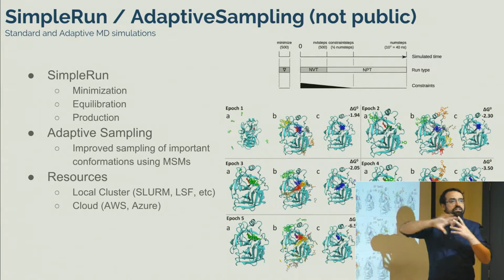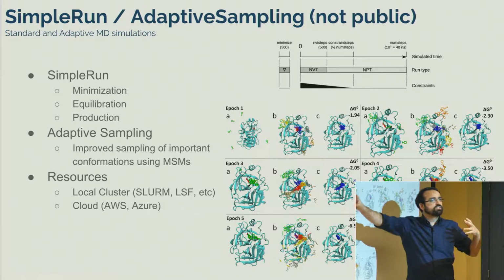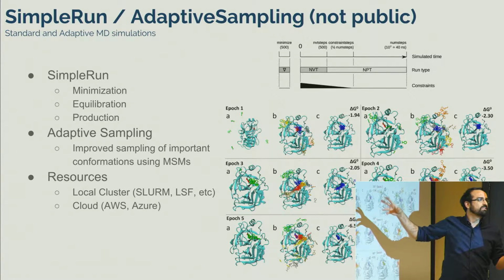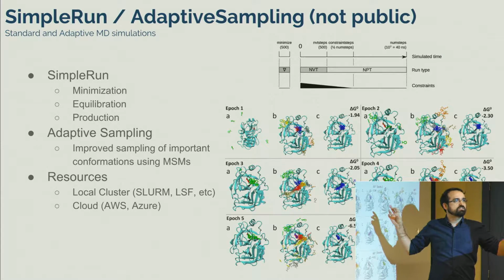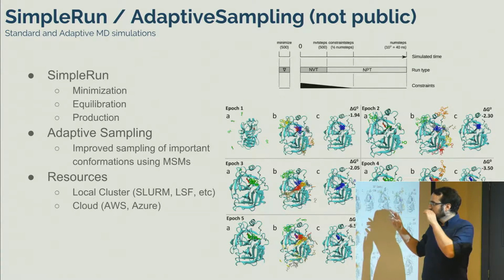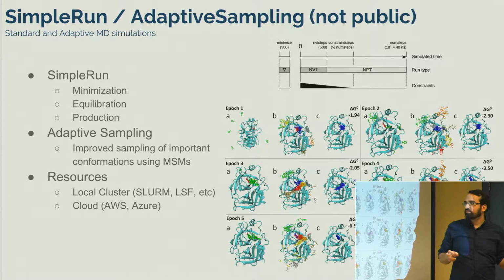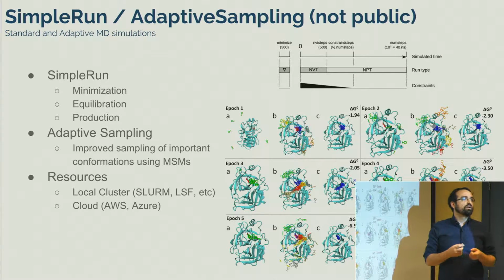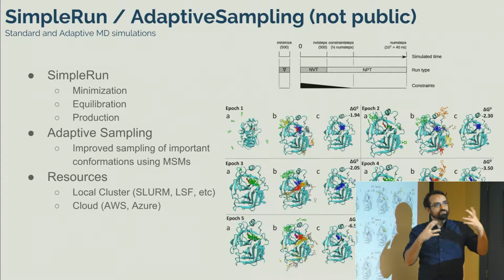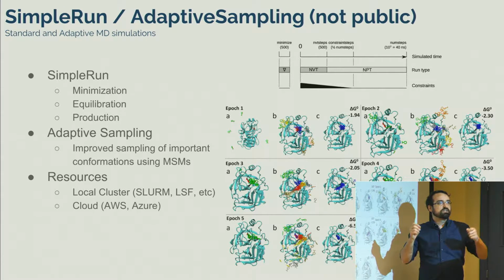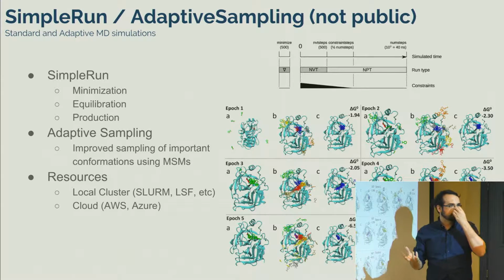instead of running one molecular dynamics simulation, we run a bit of molecular dynamics simulations. We build a Markov state model of our system. How does it behave? What are the kinetics of our system? From what we learned there, we respawn new conformations of the ligand, new ideas, so that the molecular dynamics simulations can start from there.